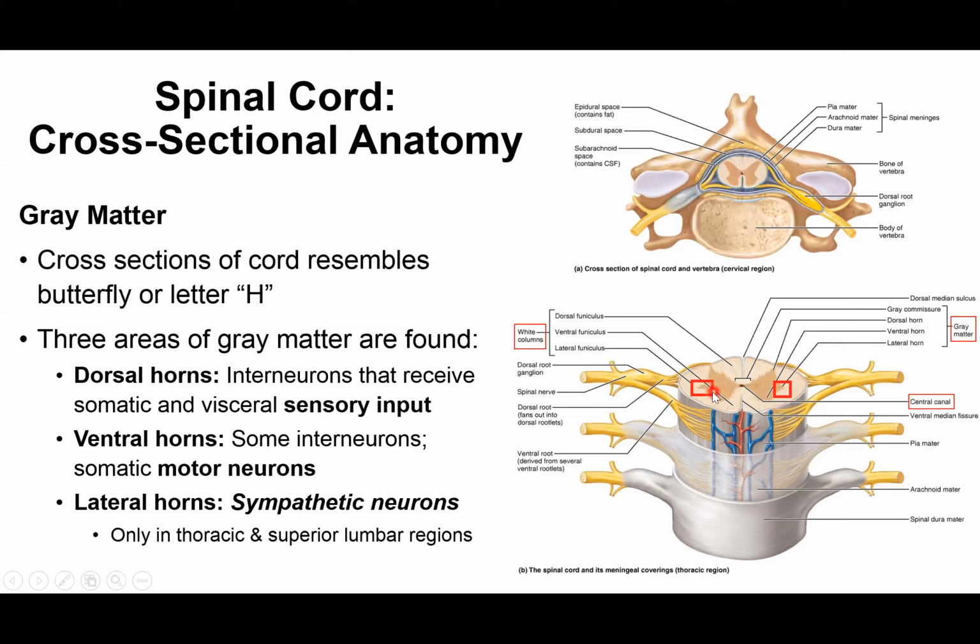All right, so these lateral horns are only present in the thoracic and superior lumbar regions. Okay, and again, these do sympathetic nervous control, which we'll be talking about in a couple of weeks.